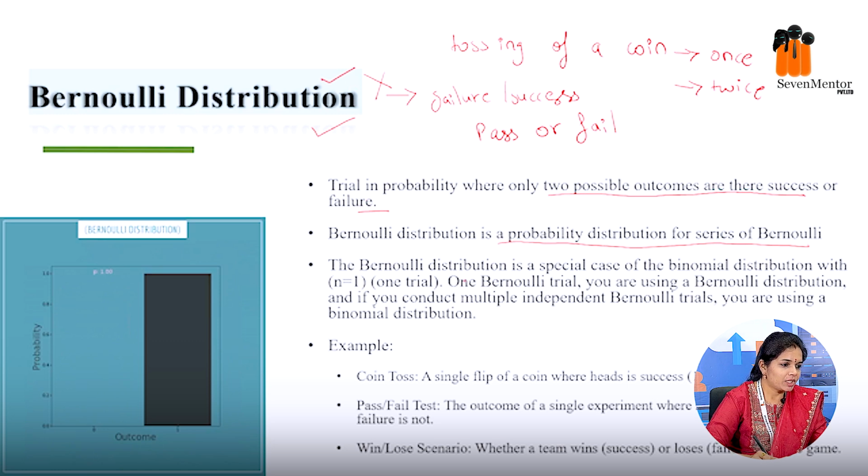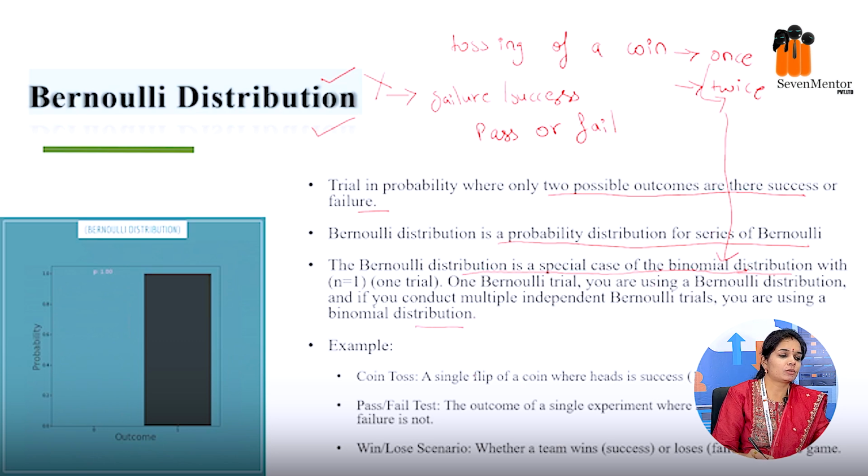So here we can see Bernoulli distribution is a special case of binomial distribution. That is what I wanted to tell, that if the experiment is conducted more than once, it will fall under binomial distribution. The number of trials that are conducted by Bernoulli trials belong to binomial distribution, we can say in this way.